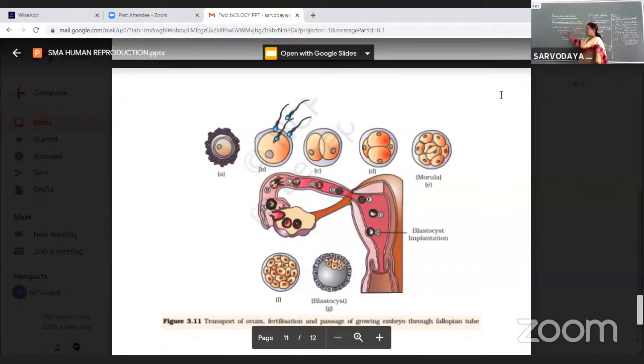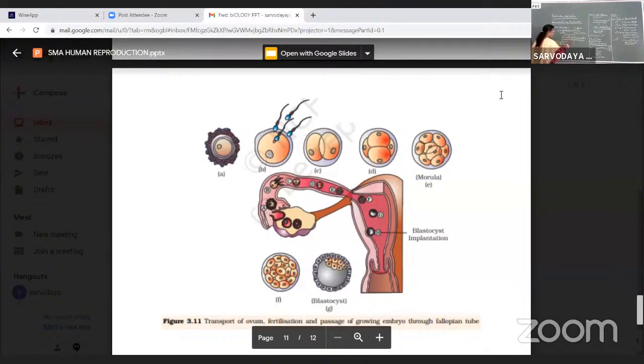So initially the signals are sent from the placenta and the fully developed fetus, and it results in a mild contraction. Now what is this referred to as? It is referred to as the fetal ejection reflex. So for the purpose of parturition, a very important hormone, what is it?